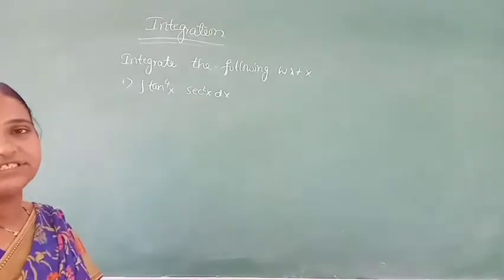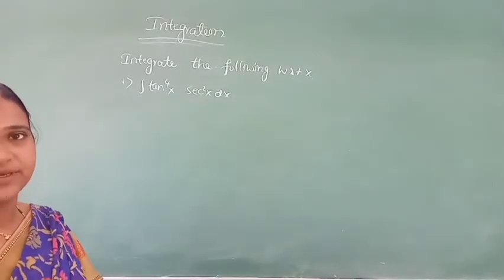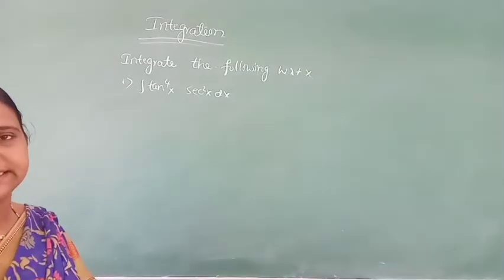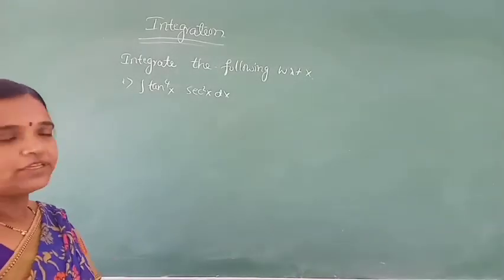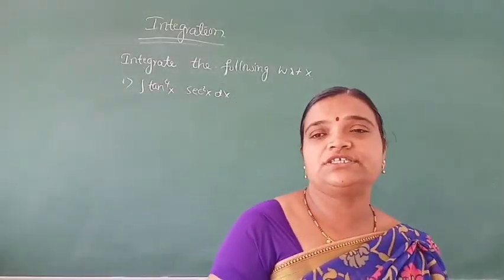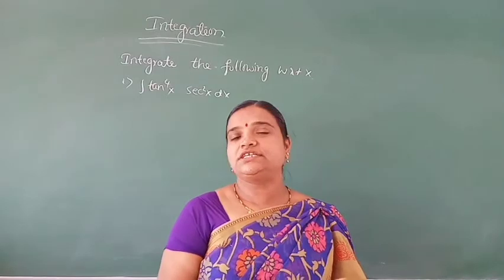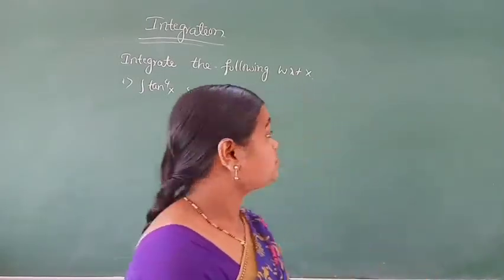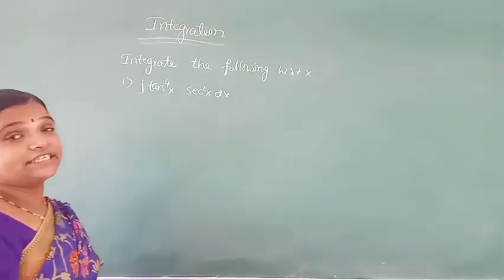The differentiation is secant square x. Then numerator and denominator secant square x get cancelled and we can easily do it. If we take secant square x as t, then we know that the differentiation of secant square x is 2 sec x tan x, and again we have to differentiate sec x, that is sec x tan x.